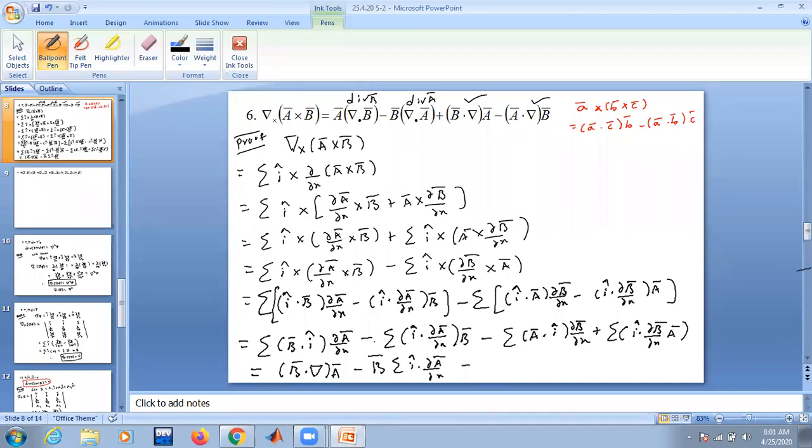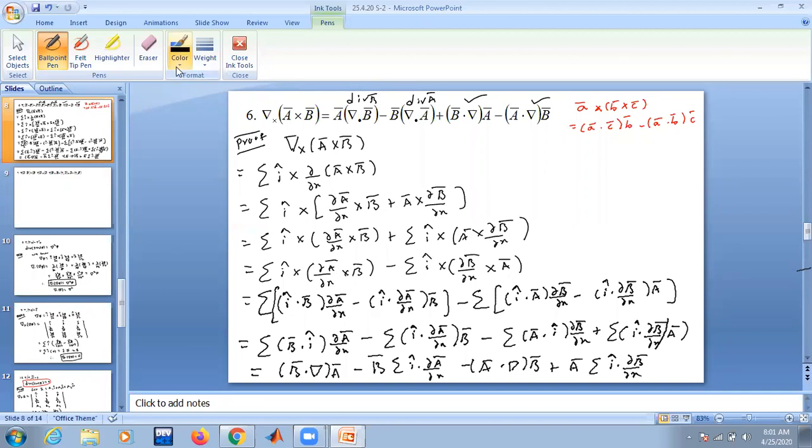Minus, and according to this notation I can write this as A bar dot del of B bar, plus, and here also I can bring this A bar outside, so plus A bar into summation I bar dot dou B bar by dou x.